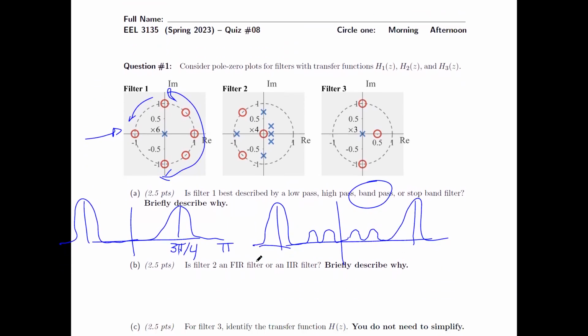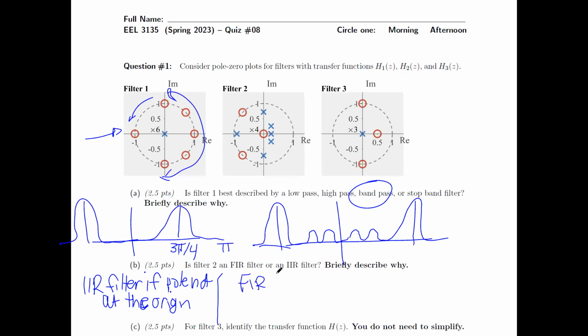Next, is filter 2 an FIR filter or an IIR filter? Briefly describe why. And without even talking about filter 2, basically you'll need to know that it is an FIR filter if there's no pole anywhere but the origin. And why does this matter?